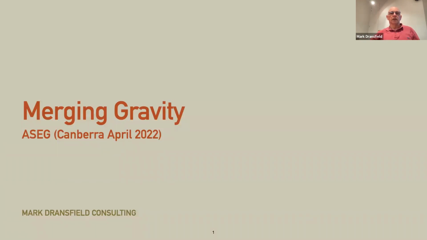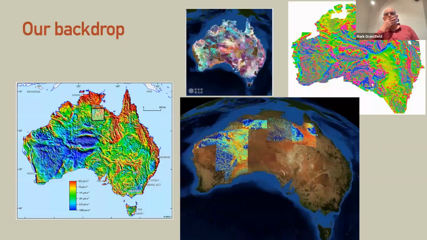All right, let me move on. I think for all of us as geophysicists, images like the ones I have on the screen at the moment have been the backdrop to our lives. Pretty much every exploration office I've ever been in, one or more of these maps is sitting on the wall.